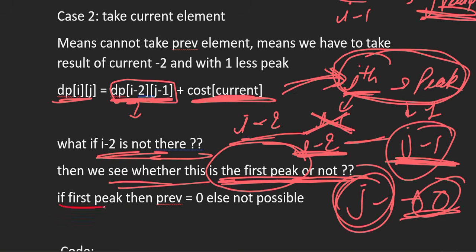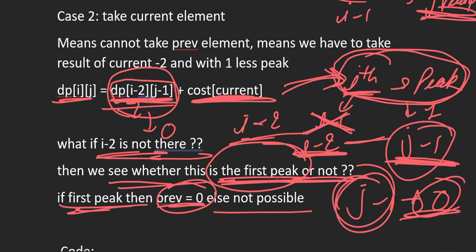If it is the first peak, then we make the previous cost 0, right? Else it is not possible to make j peaks using i elements, right? In that case we will make the cost infinite, to show that it is not possible.